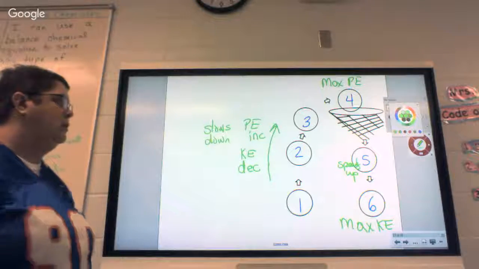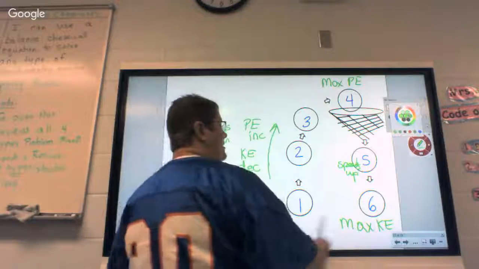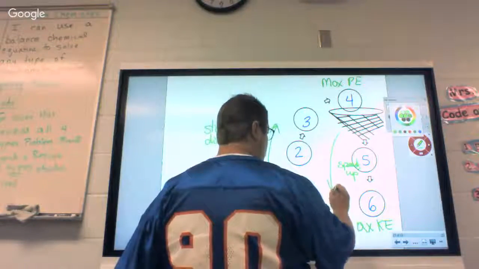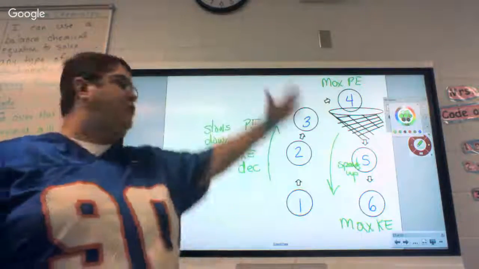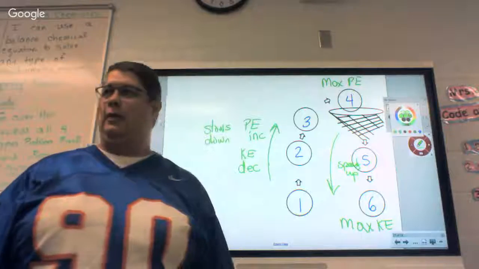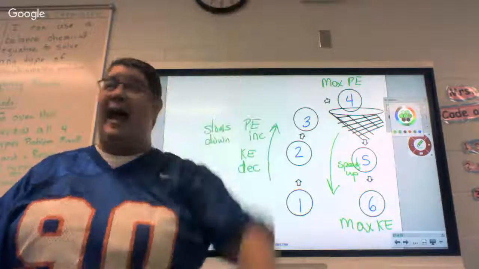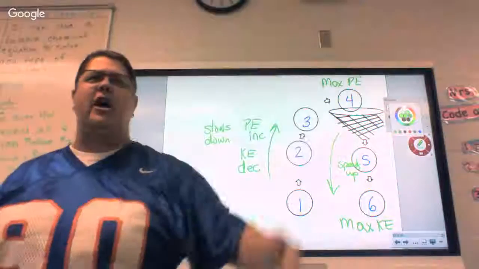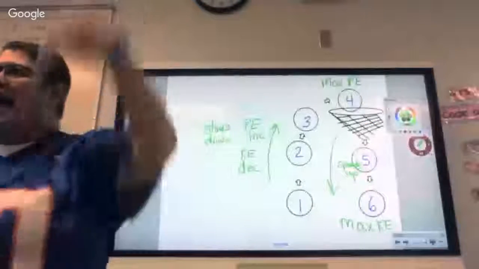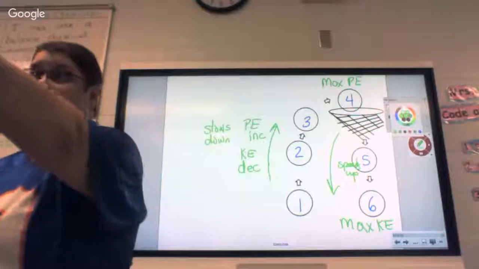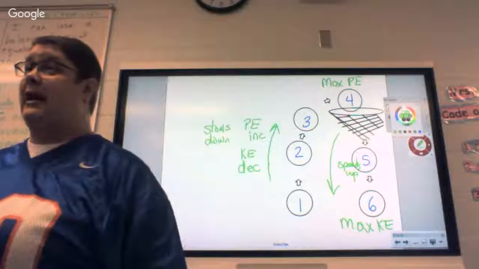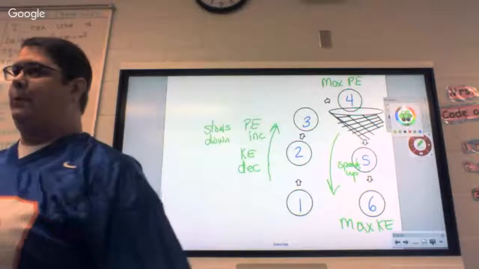Okay? So, if we talk about this side, what's the ball doing on this side? It's going down. So, if it's going down, it's speeding up. What's happening to kinetic energy if it speeds up?